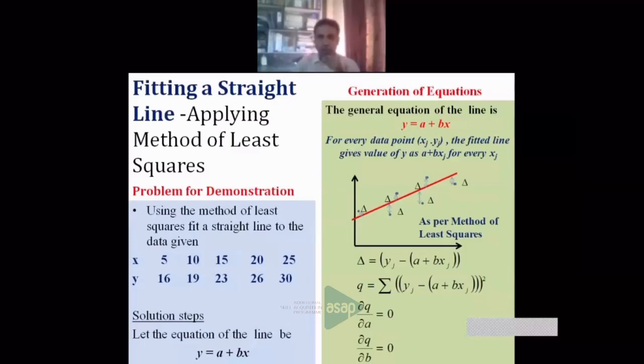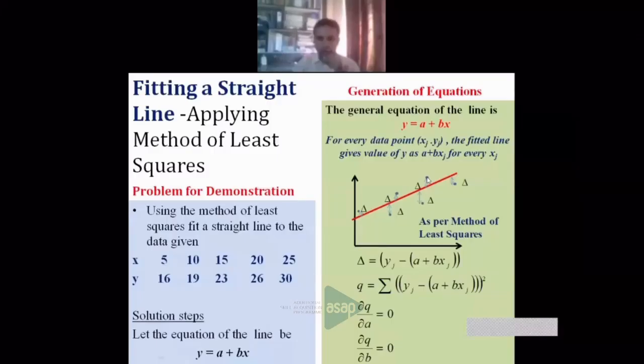Now, how shall we go about it? I'm just trying to explain the general equation formulations. So y equals a plus bx is the equation. Every data point, in the graph which I've shown earlier, has a coordinate xj, yj.